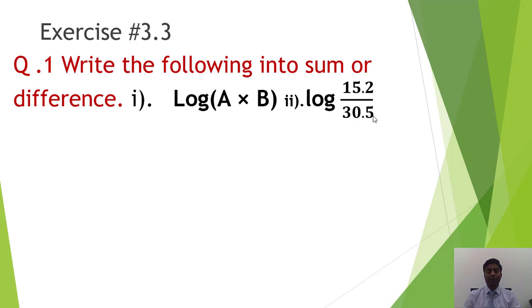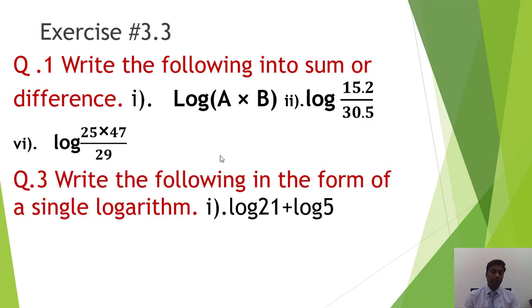In part 2, we use second law of logarithm, that is the log of quotient of two numbers can be written as the subtraction of two logarithms. Part 6. Log 25 multiplied by 47 divided by 29. In part 6, first we use second law and then we use first law of logarithm.